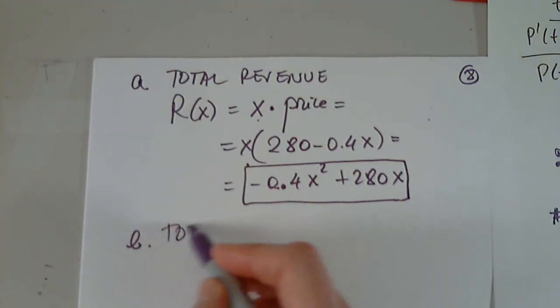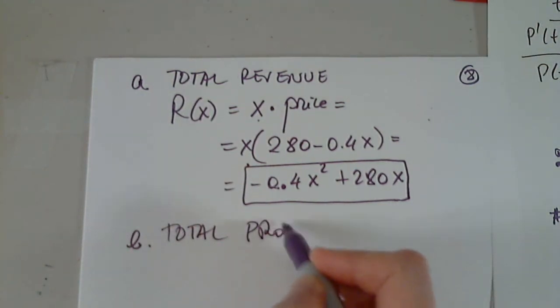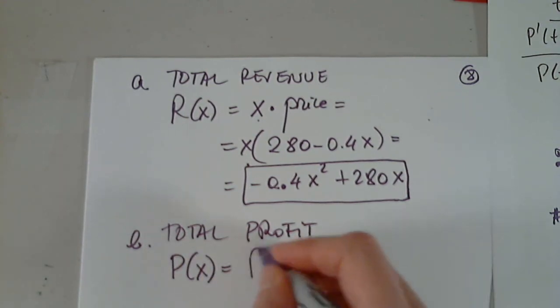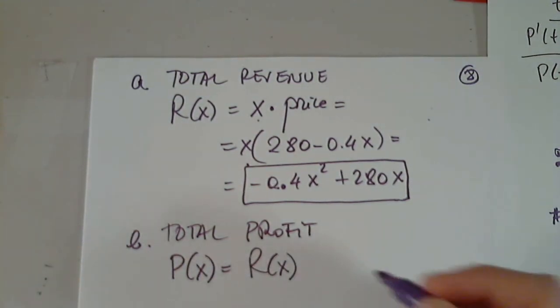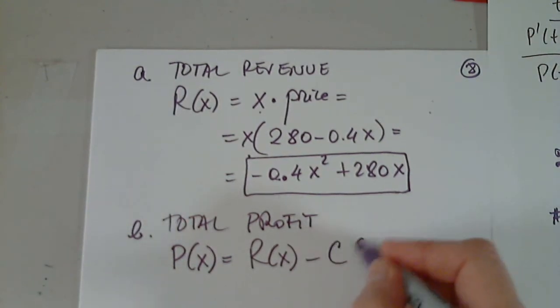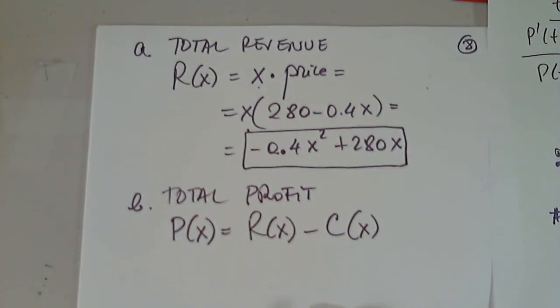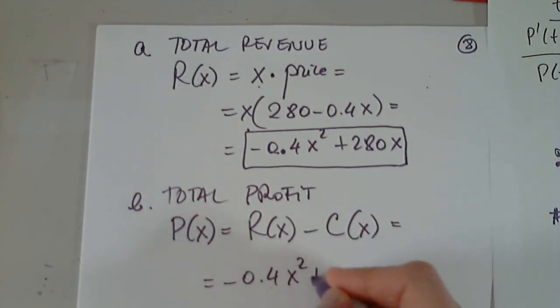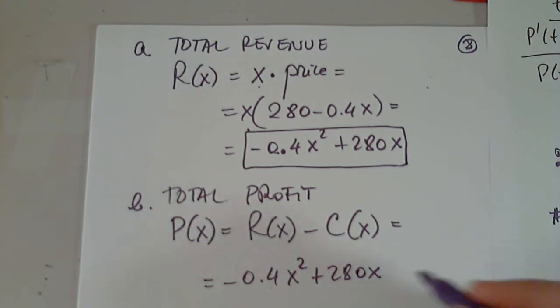Part B: find the total profit. The total profit P of x is the revenue from the sale of x units minus the cost for producing those units. So I copy the revenue, negative 0.4x squared plus 280x, and I have to subtract the total cost.